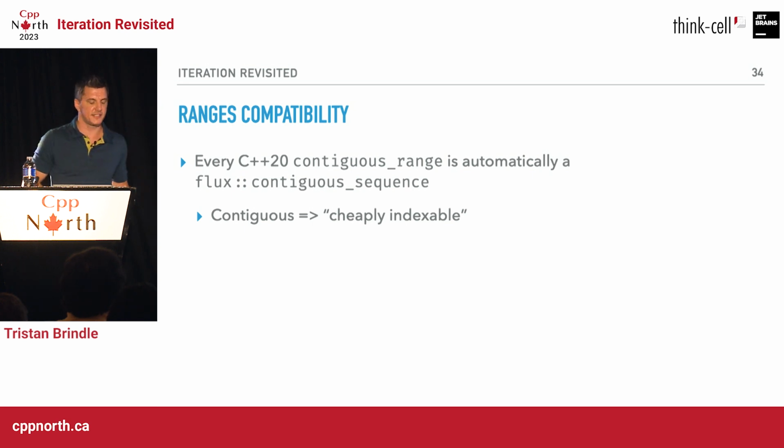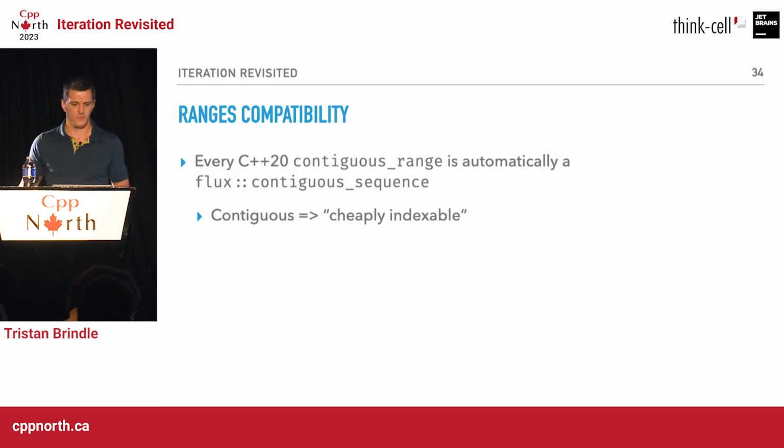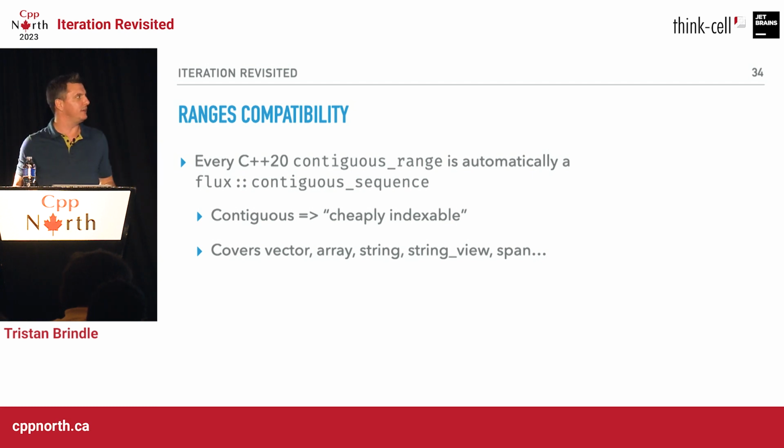The reason we can do this is because if you have a contiguous range, we can cheaply index it. We can get the data pointer, we can offset from there, we can do bounds checking. So every contiguous range is a contiguous sequence. This covers vector, array, string, string view, span, initializer list, C arrays, what have you. You can just use them right away with Flux.